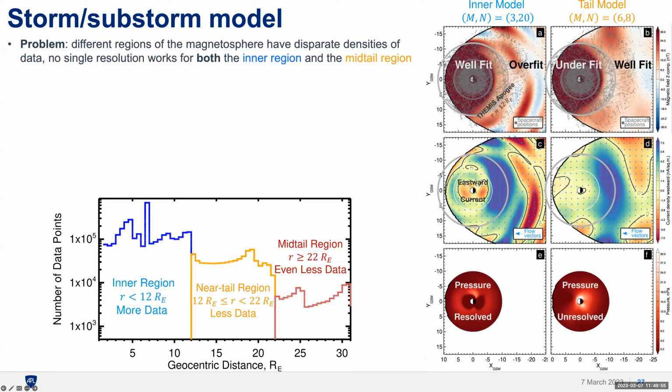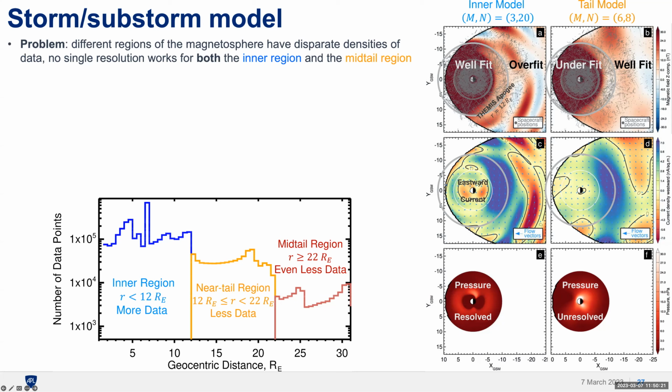So another thing we've been trying to do is I've described our storm model and our substorm model. Well, the problem with these two models is they don't work well together concurrently. And the reason is because the inner magnetosphere requires a different resolution of our equatorial expansion versus our tail model.